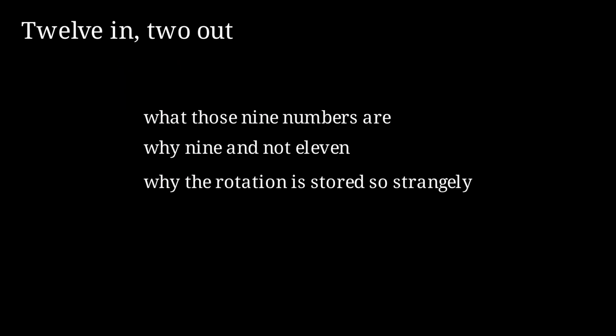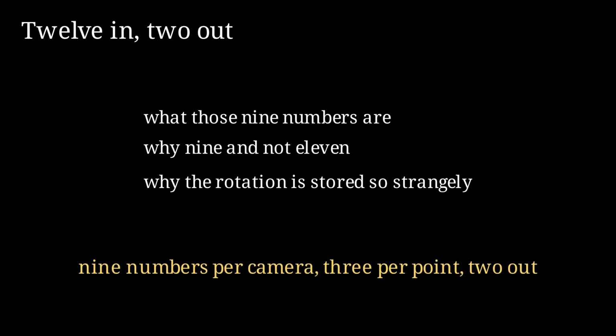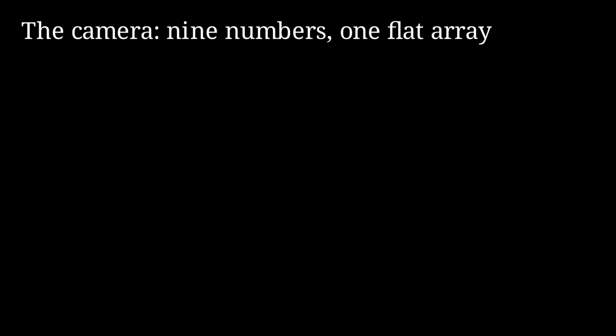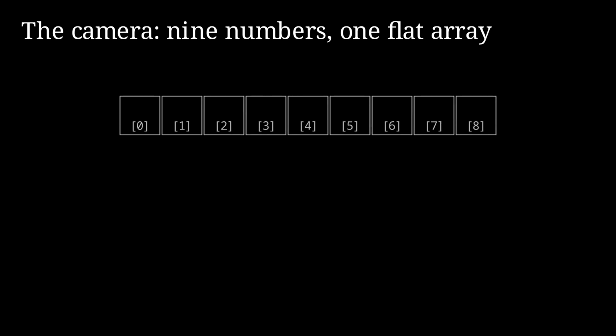In this video, we're doing the anatomy, what those 9 numbers are, why there are 9 of them and not 11, and why the rotation is stored in the slightly strange way it is. 9 numbers per camera, 3 per point, 2 out. Start with the camera. 9 numbers, sitting in one flat array. Let's go through what each of them is actually for.